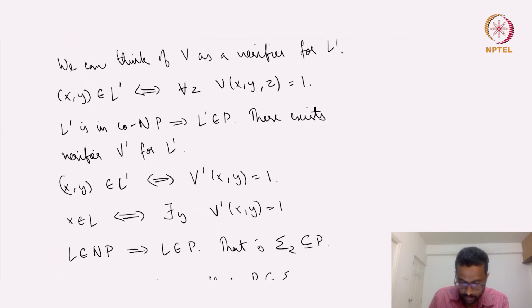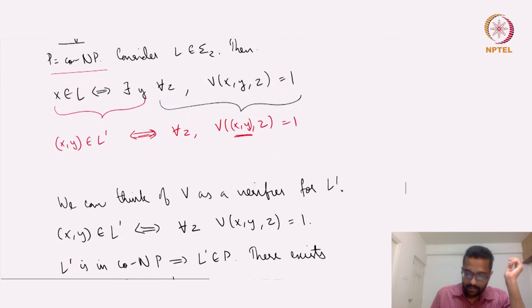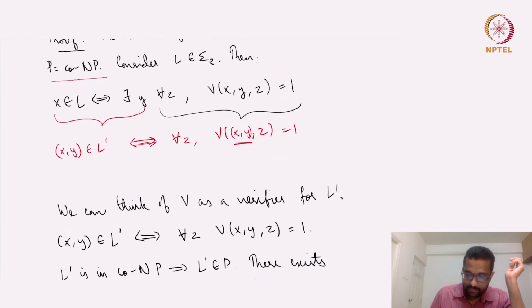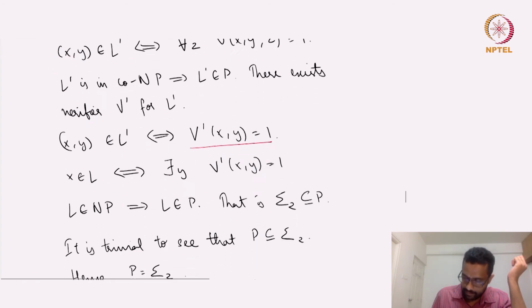So when x comma y is in L prime, then there should be some V prime that should be able to verify it without any quantifiers or anything, right? So V prime xy is equal to 1. Now let us try to plug things back in this, right? So V prime xy should be equal to 1 is what I said.